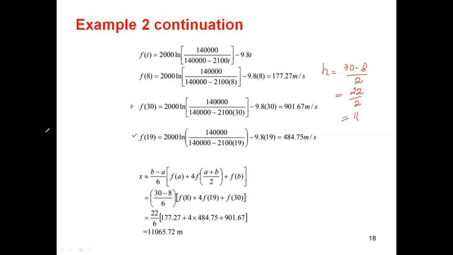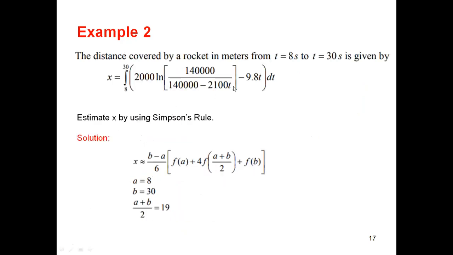And you're going to substitute the values of 8, 19, and 30 where? Where are you going to substitute it? This is the part that you won't like, especially if the expression is non-elementary, because you're going to go back here on your original integrand and substitute the values of 8, 19, and 30 to the t, because this is your integrand.